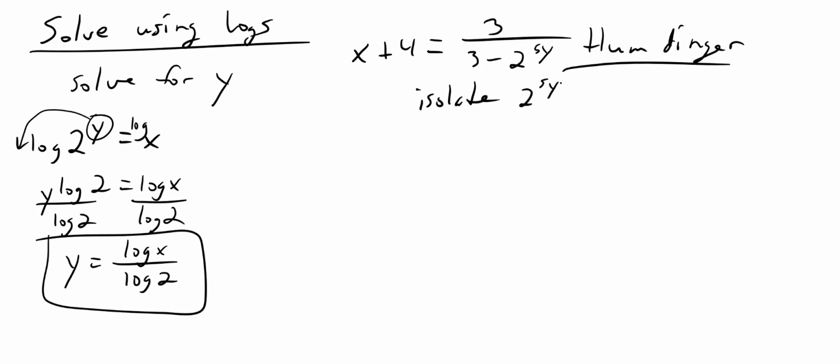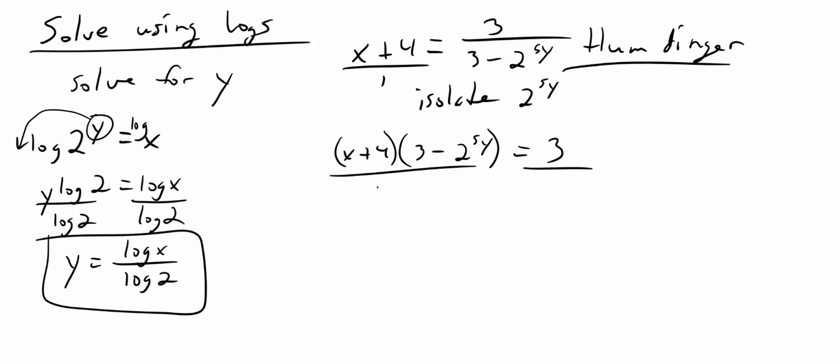So I'm just going to cross multiply. Let's put a 1 underneath there. If I do that, I get x plus 4 times 3 minus 2 to the 5y is equal to 3, and then divide both sides by x plus 4. So 3 minus 2 to the 5y is equal to 3 over x plus 4. Subtract 3.